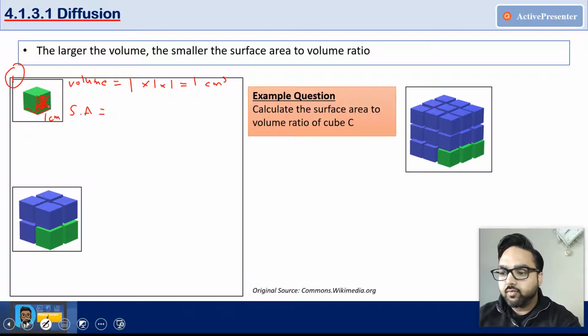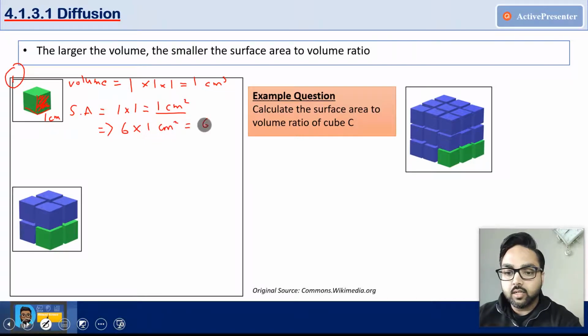So the surface area of one side is going to be 1 times 1, which is equal to 1 centimeter squared. So actually what I have to do is times the surface area of one side by 6. So I do 6 times 1 centimeter squared, which is equal to 6 centimeters squared. So the surface area to volume ratio in this particular example is 6 to 1.